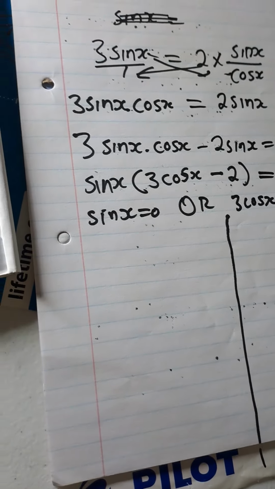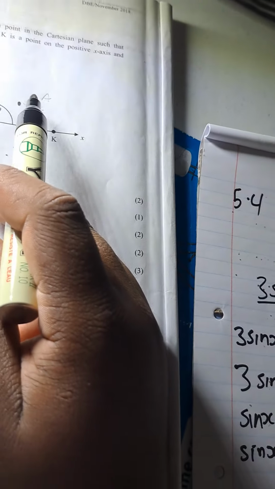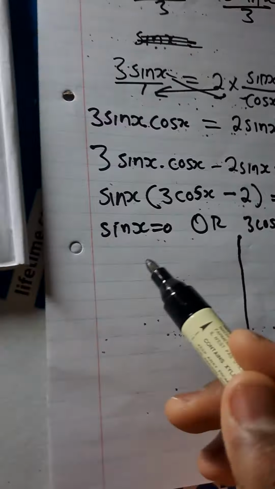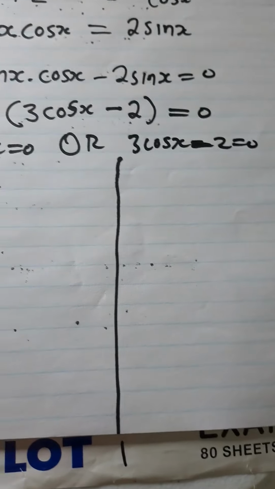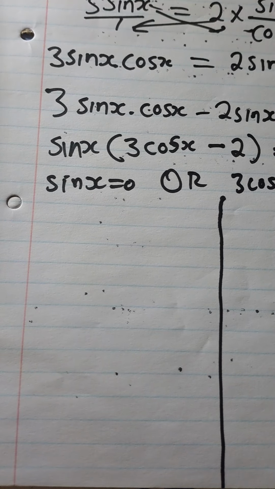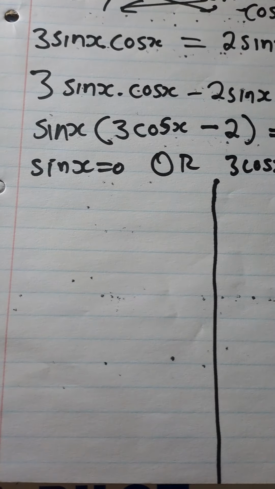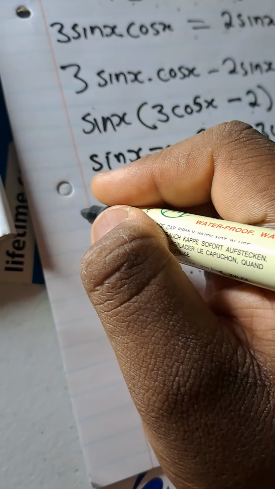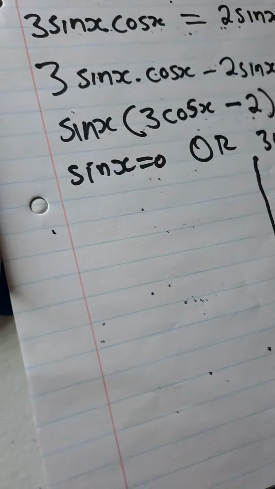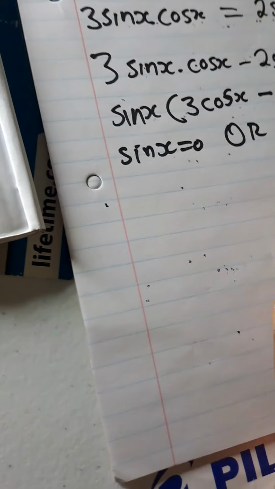So right now I'm going to check where sine is positive. Sine is positive in the first and the second quadrant. So in the first quadrant there is 90. So how do we write our answers for reduction angles?